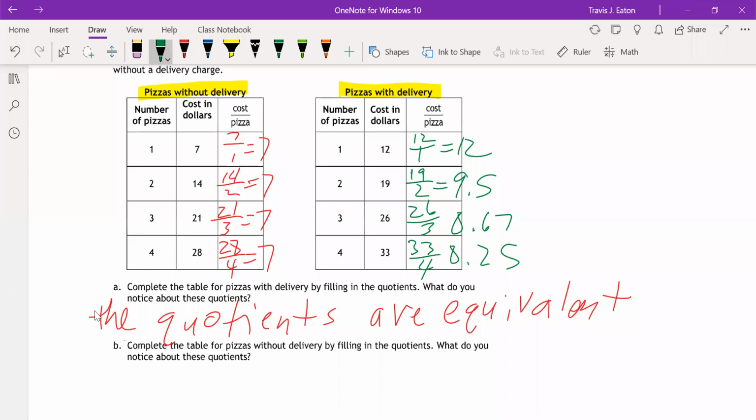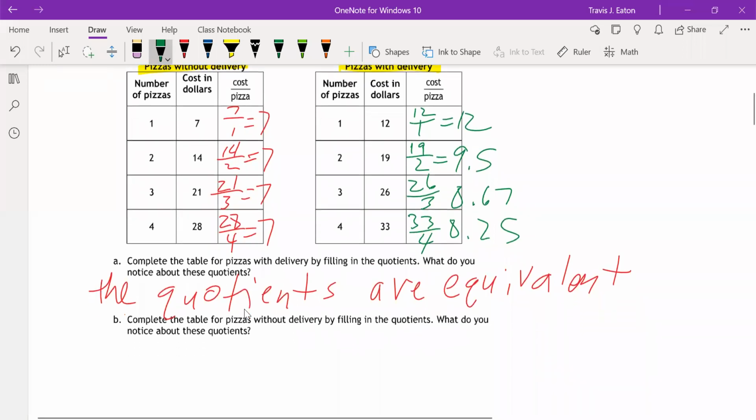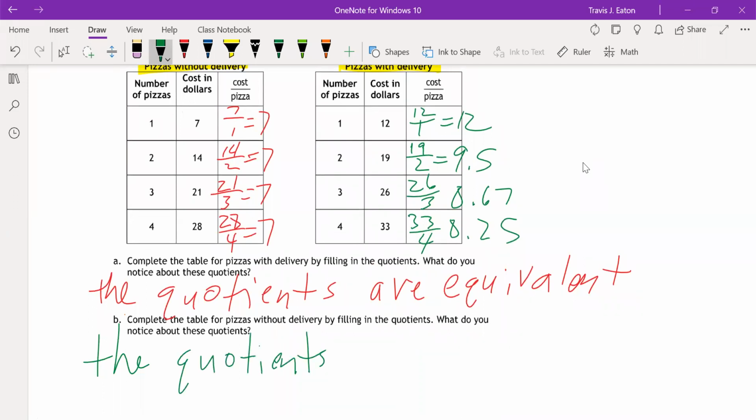So as you can see, when we divide those, how are the quotients in that section? How do they work out? Well, obviously, they are not equivalent every time. So that's exactly what we'll say. The quotients are not equivalent.